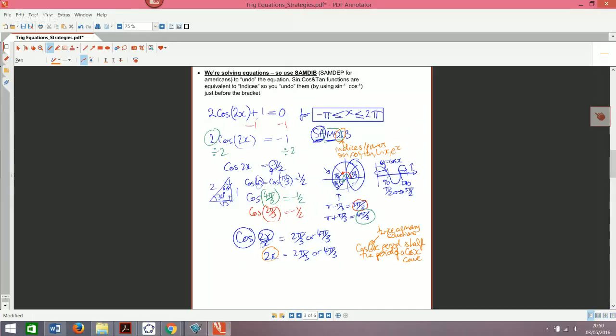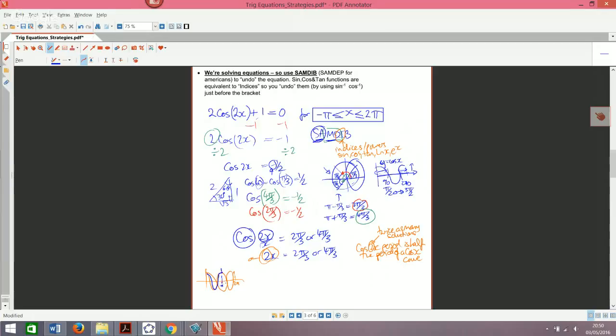Well, I can do that by saying, okay, well, if it's cos 2x, instead of completing one full cycle, that's a sine curve, instead of completing one full cycle in 2 pi, it's now going to complete 2 full cycles. So by that time, it'll have gone down and back up again, and it'll do that a second time by the end. And that curve there, let's go over it in blue, is cos 2x.